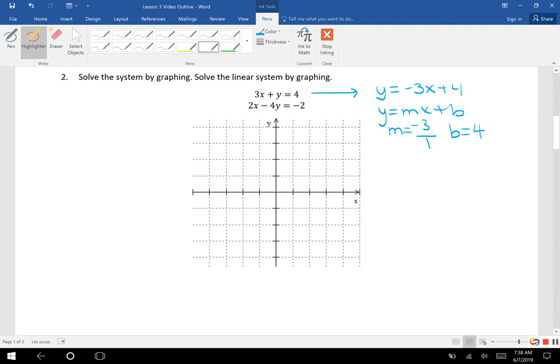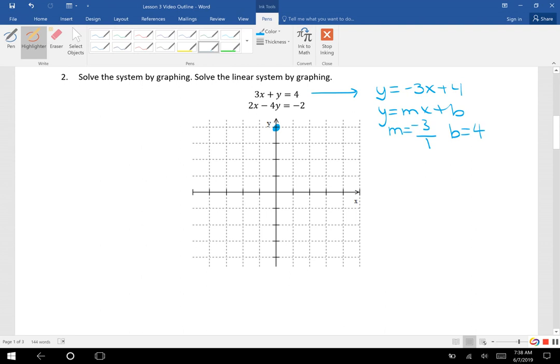So I can use this information to create a graph. I can also make a table of values, just like we did last time. But let me show you how it works to use the slope to create a graph. If the y-intercept is 4, I'm just going to go up and put a point at y equals 4. Then if the slope is -3 over 1, that's rise over run.